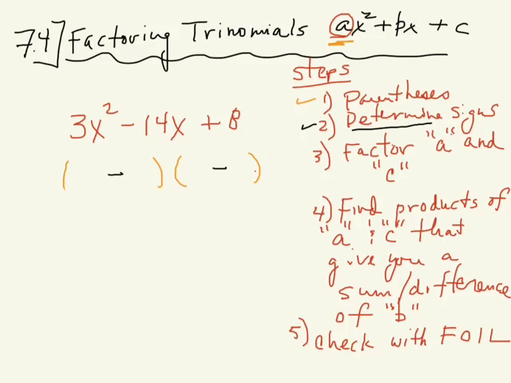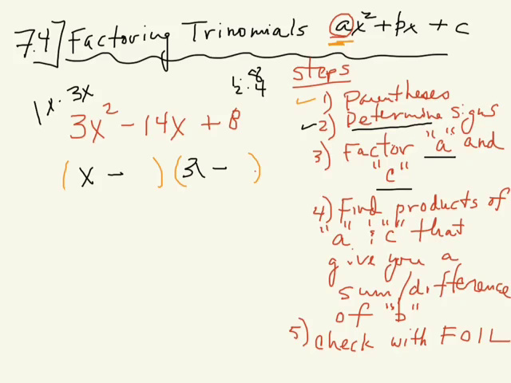Here's another difference. You have to factor A and you have to factor C. So we're going to factor A, 1 times 8, 2 times 4. We factored C, so now we're going to factor A. This is 1 times 3. Now, remember, this is x times 3x. 1x times 3x. And that's going to go right in here.